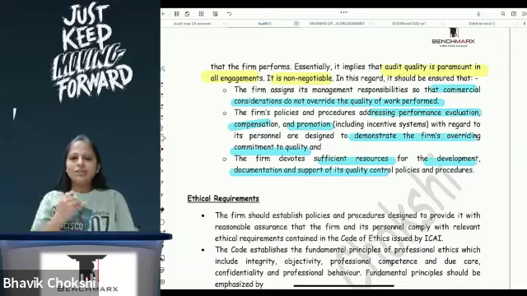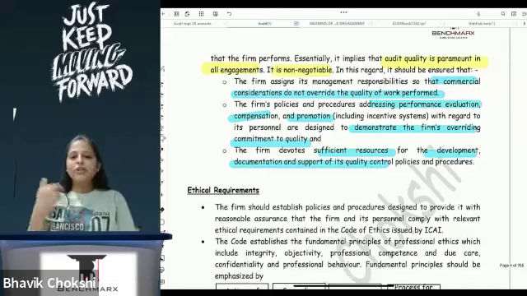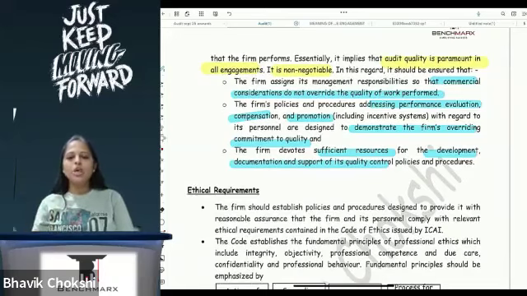Correct? So the leadership quality flows, and hence it is saying that your commercial consideration, only because you're getting higher money, should not impact the quality that you're providing. Secondly, it is saying that within the firm also, when you're giving promotions, when you're doing appraisals, at that point of time you should reward a person who is committed to quality, who is not doing wrong things only because there is more money involved.